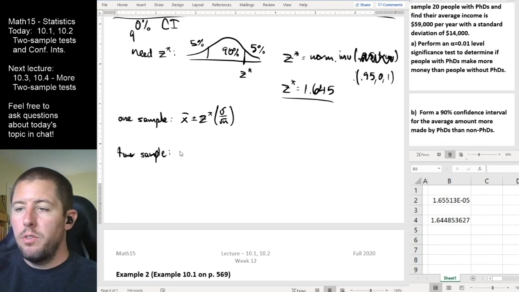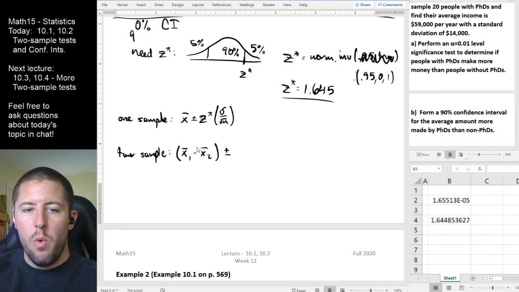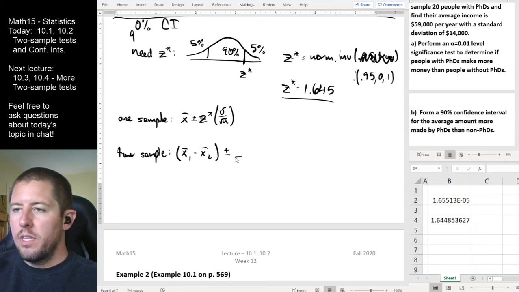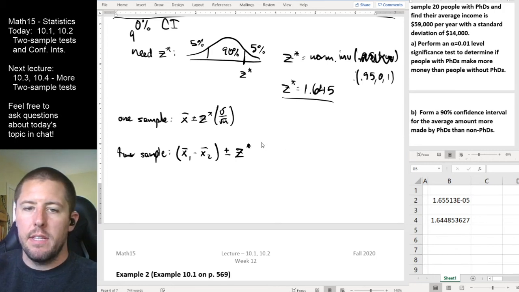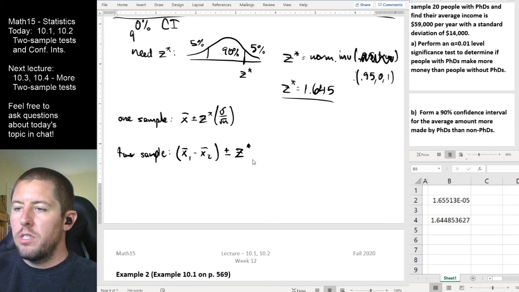So in our 2 sample case here, instead of looking at 1 sample, we know that we're looking at the difference between 2 samples. That's still our estimate for mu1 minus mu2 is x bar 1 minus x bar 2. We're still interested in multiplying by the number of standard deviations that are associated with that 90% confidence. That's still going to be our z star. You should just notice that our standard error term has changed, right?